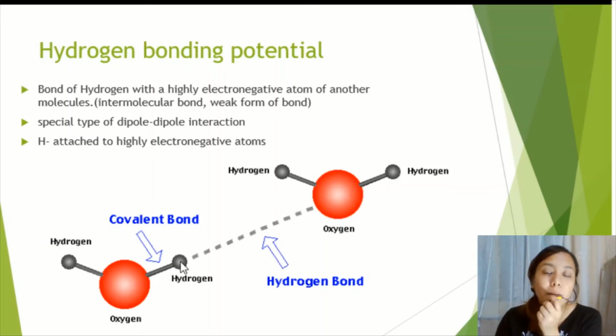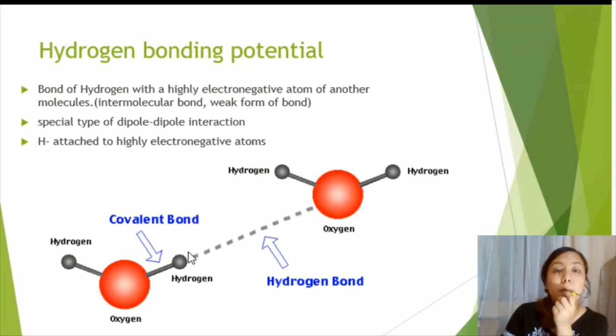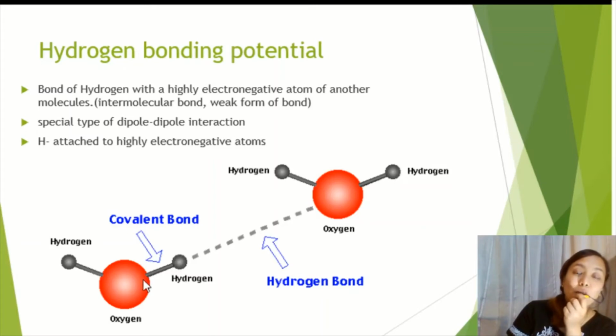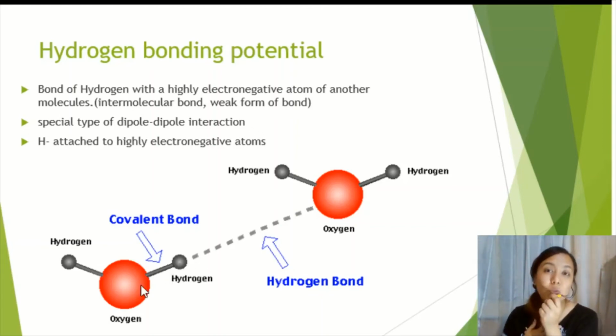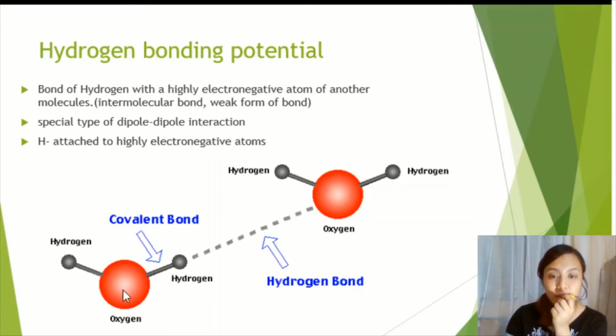When we talk about hydrogen bond, first your hydrogen must be positively charged or partially positive. It became positive because it shared its electron with your oxygen. Remember, it only has one valence electron, and that one was shared with oxygen. So now, what happens to hydrogen? It becomes more positive. Your oxygen here becomes more negative because it gains electrons.